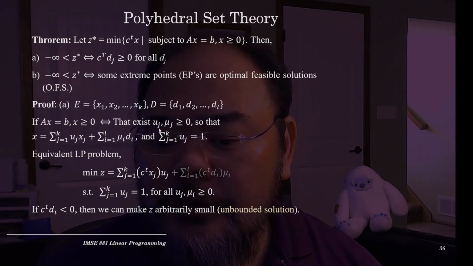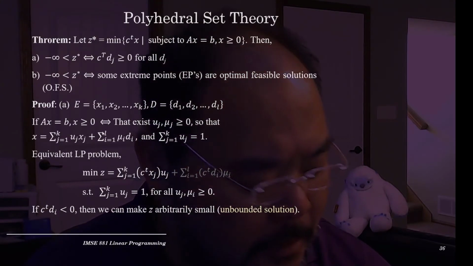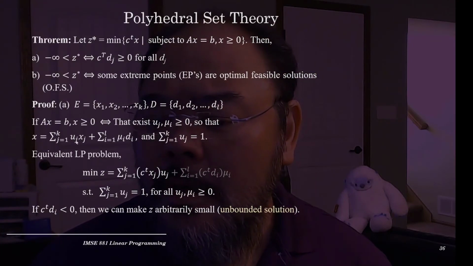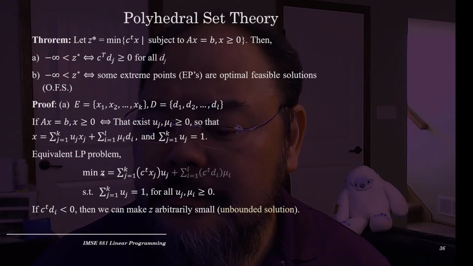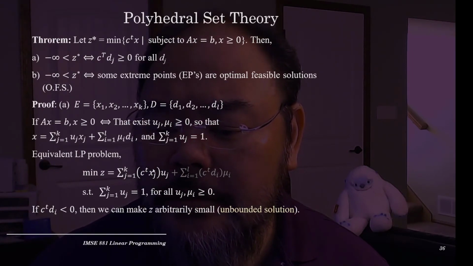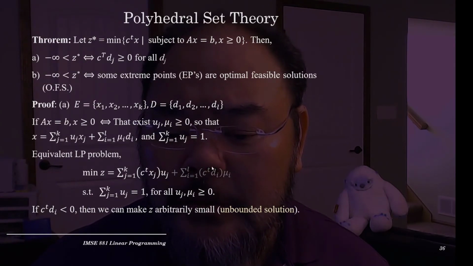We have an additional constraint that the summation of Uj equals 1. Okay. We can form an equivalent linear programming problem which minimizes Z based on the convex combination of C transpose times Xj, where all the j are the extreme points, plus the cone combination of the extreme directions.